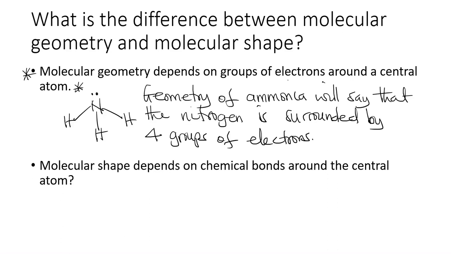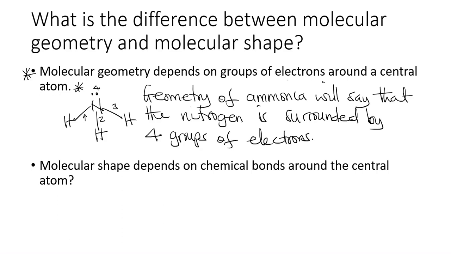The central nitrogen is surrounded by four groups of electrons: group 1, group 2, group 3, group 4. In this case, each group is a pair of electrons. That's what the geometry will say.